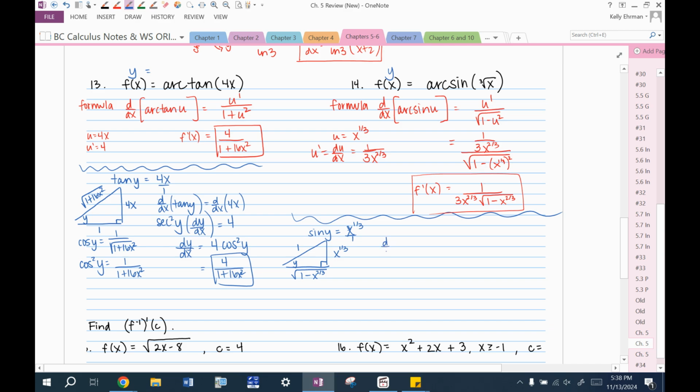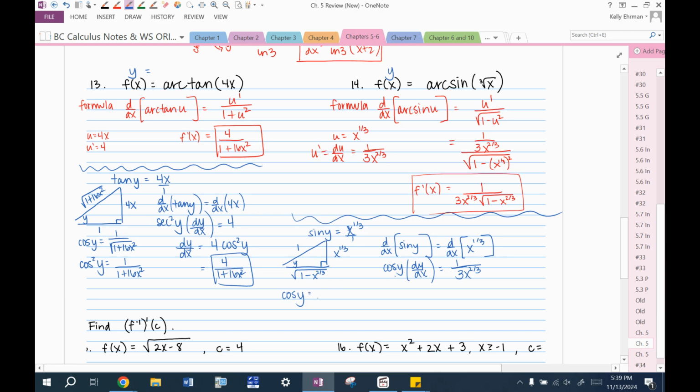Take the derivative with respect to x of sine y, and take the derivative with respect to x of x to the 1/3. The derivative of sine is cosine y, and chain rule, dy dx. The derivative of x to the 1/3 is 1/3 x to the negative 2/3, so we'll put that down here. Cosine of y, I can get that value from my triangle.